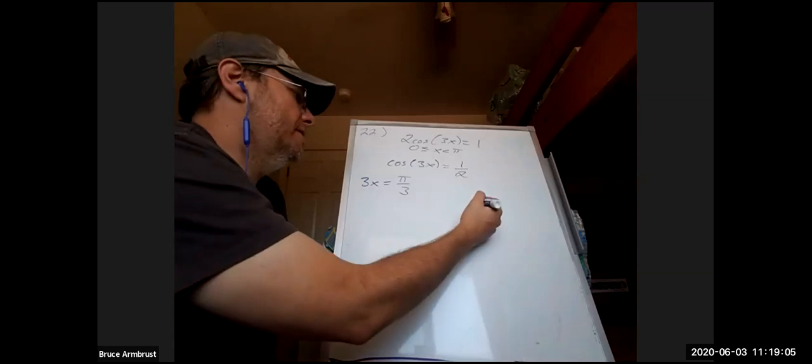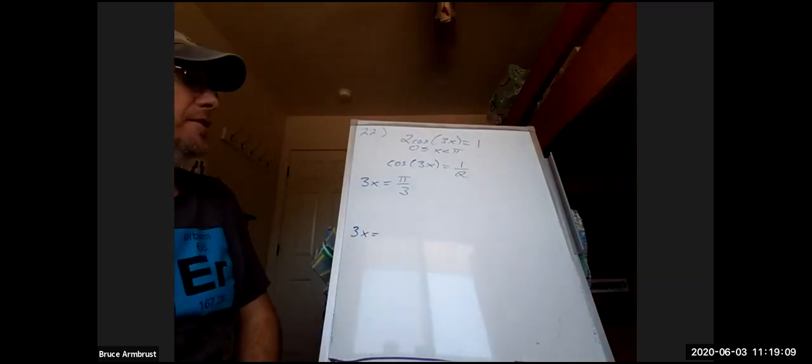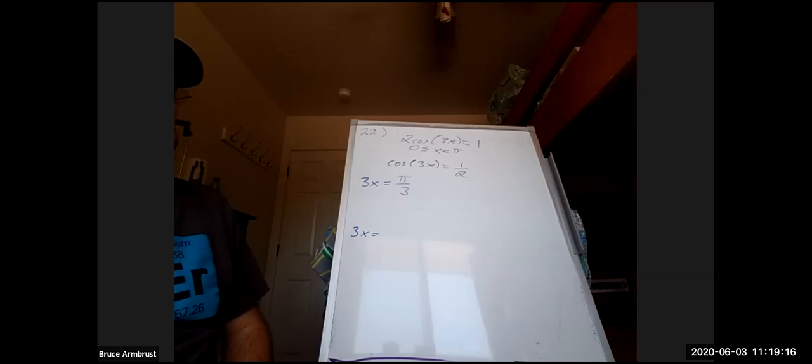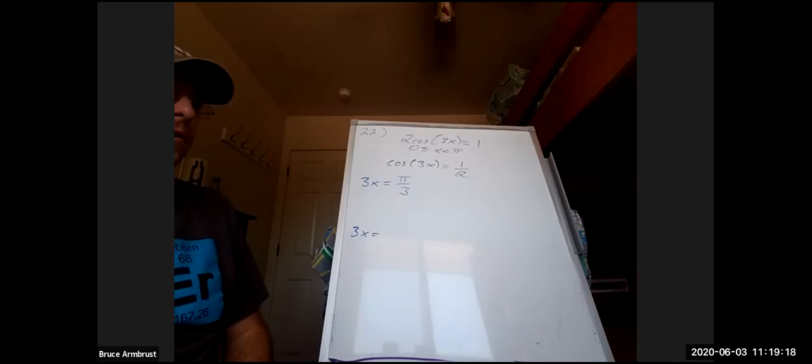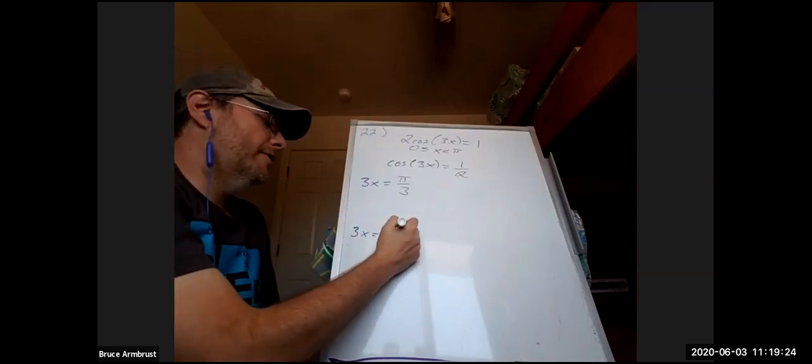The other place where we get a cosine of 1/2 is going to be in the fourth quadrant. So we need an equivalent fourth quadrant angle. And if we look at that, or we use reference angles or whatever, we get 5 pi over 3.